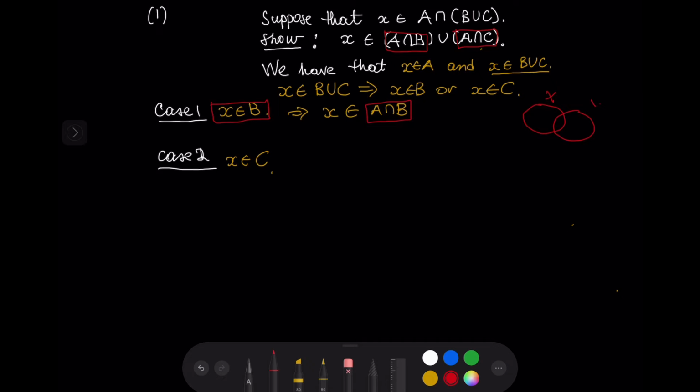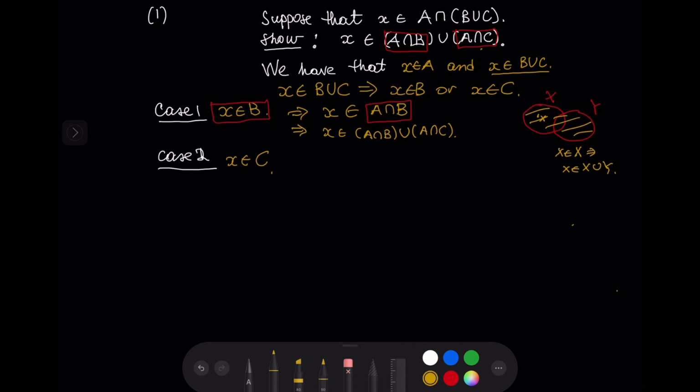So let us try to think for a moment. If we have two sets X and Y, and if little x is in the set capital X, then it's also in the union of X and Y. So x in capital X implies that x is in capital X union Y. So similarly, if x is in A intersected with B, it means that x is in (A intersected B) union (A intersected C).